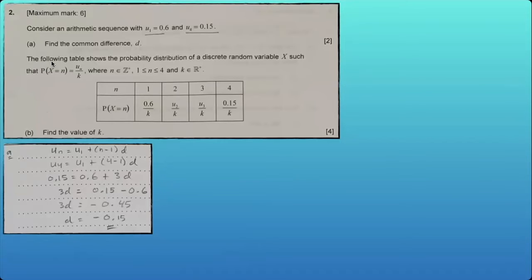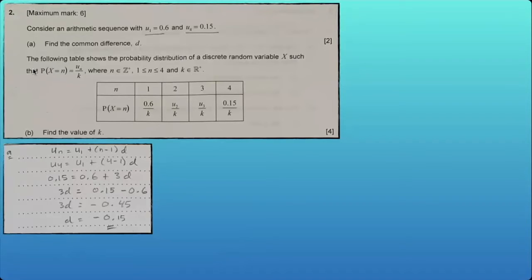Next, the following table, this table here, shows the probability distribution of a discrete random variable X, such that probability of X equal to n is equal to Un over k.